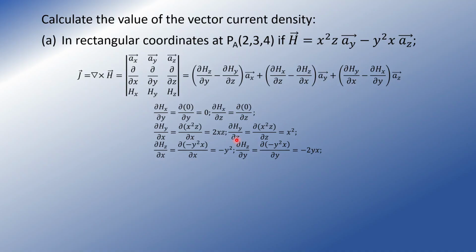This Hy component is x square z. Please understand, there is no y here, but it is accompanied by the ay vector, so this x square z becomes Hy. That is why we are substituting here. So this is how we differentiate. Similarly, the Hz component is minus y square x. We have to take the sign into consideration.